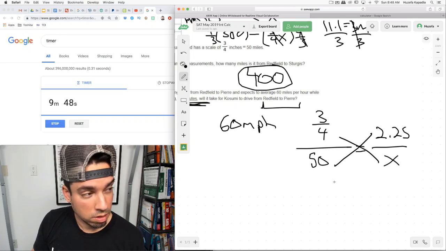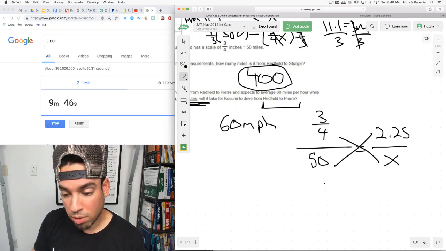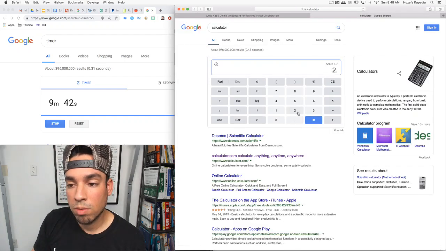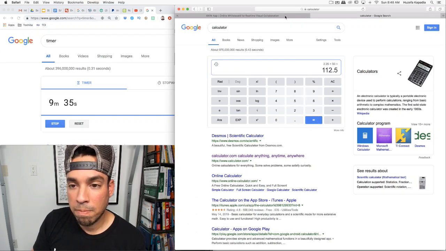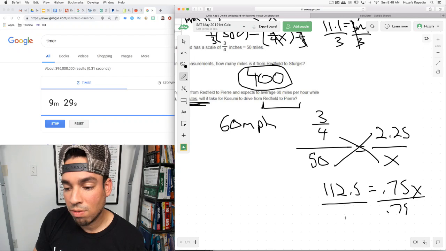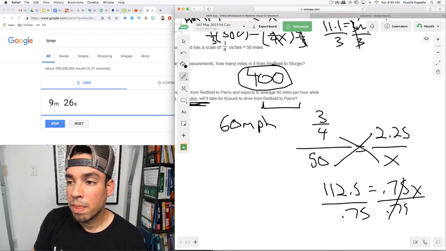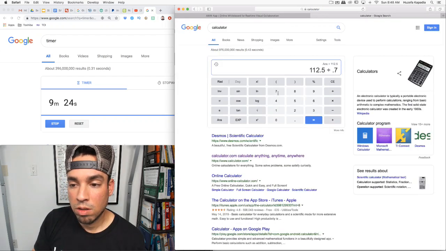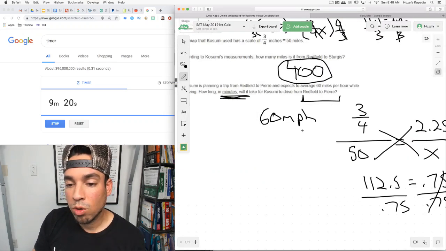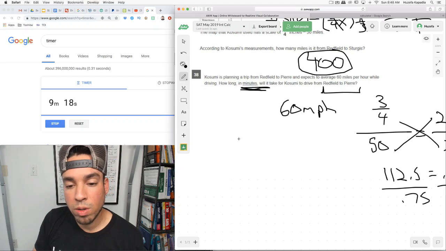That's 112.5 equals, let's make this into 0.75, so we keep it all uniform. Divide both sides by 0.75. That's 150. Now we're going 60 miles per hour and we want to know the time.